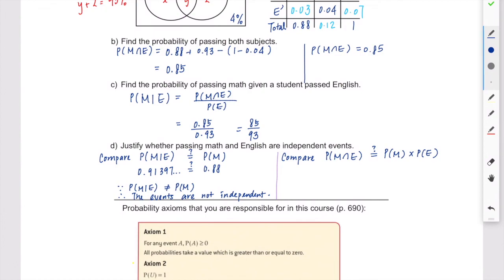So here, the AND of the two events is 0.85, and then passing math is 88% probability, and passing English is 93% probability. This works out to 0.8184, and obviously that is not equal to 0.85. Okay, so since P of M and E does not equal P of M times P of E, you have the same conclusion that they are not independent. Okay.